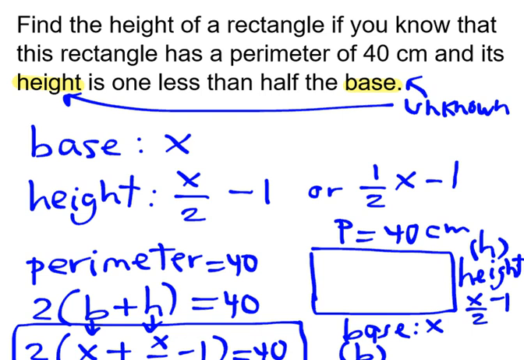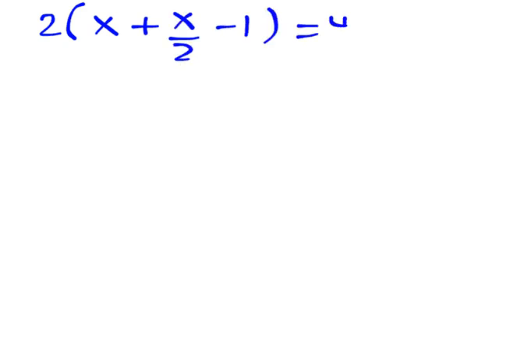So that's an equation because there is an equal sign, and we need to find when this is equal to 40. So let's go on the next page and write down our equation. We're going to have just more room. So this is what we have: 2 times the bracket, x plus x over 2, minus 1, is equal to 40.